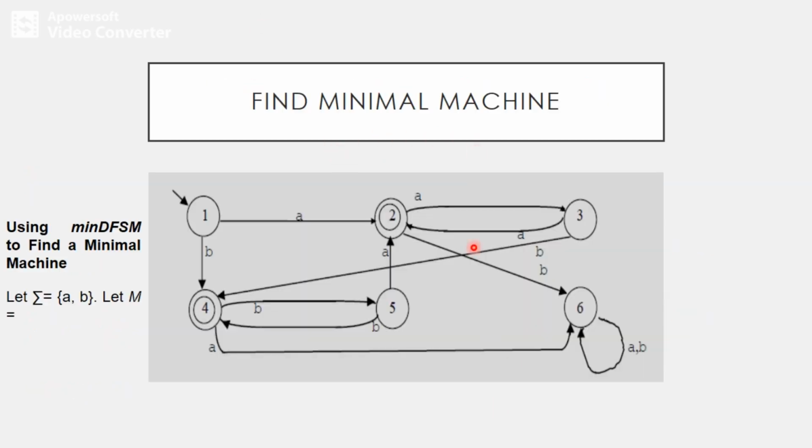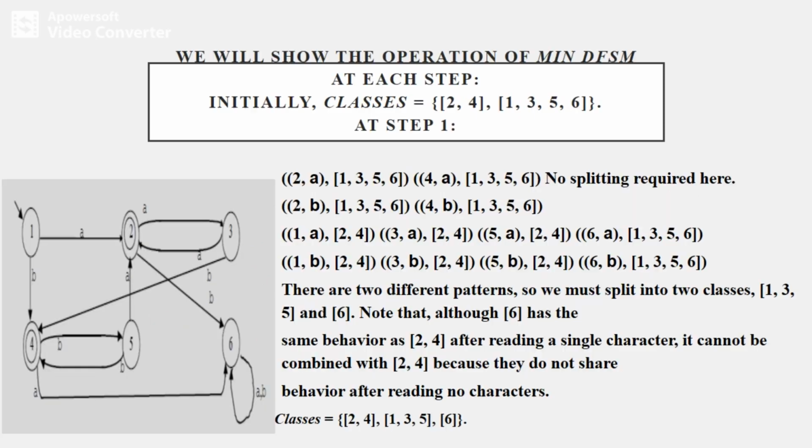Let's find a minimal machine for the machine I'm showing in the figure. The alphabet of this figure contains a and b. Let's see how to solve it. First step: we will show the operation of the minimization at each step.